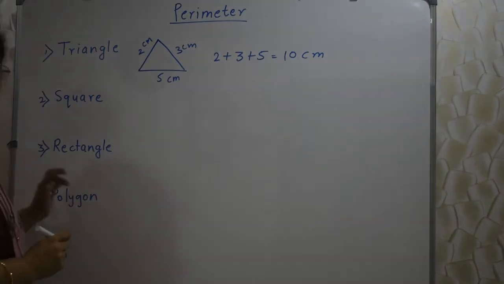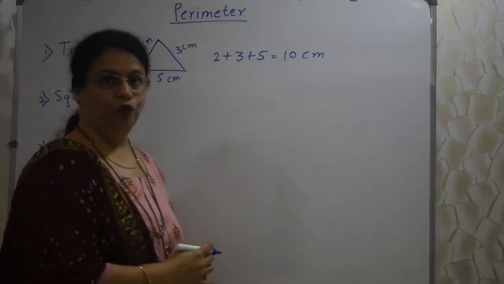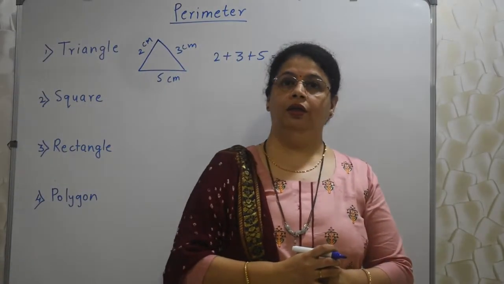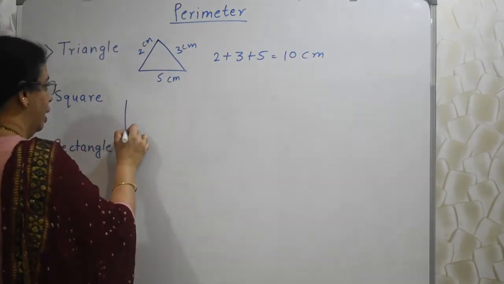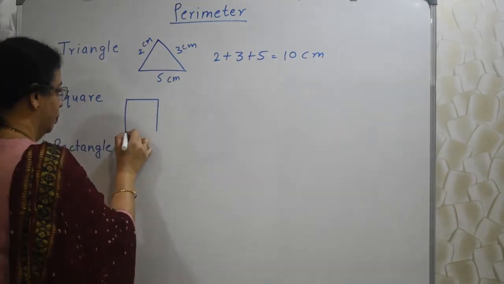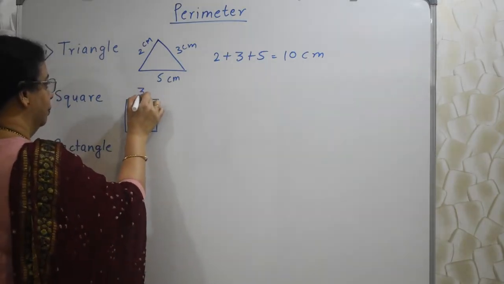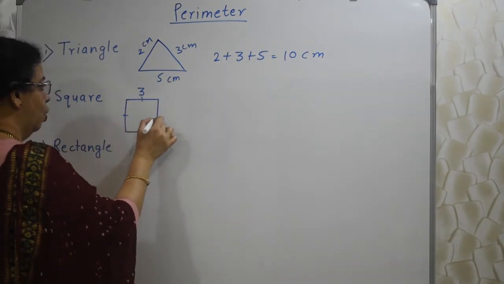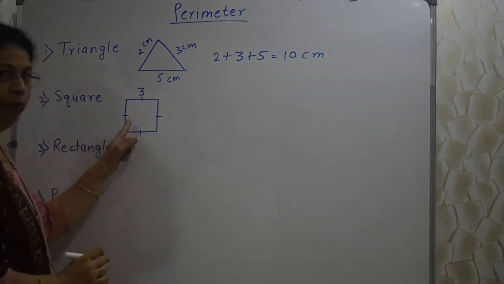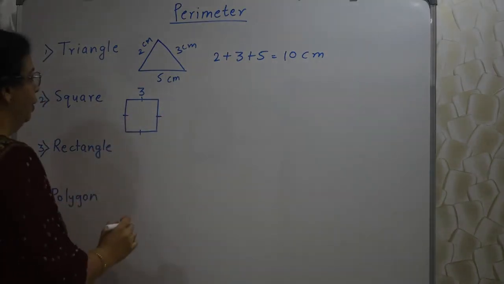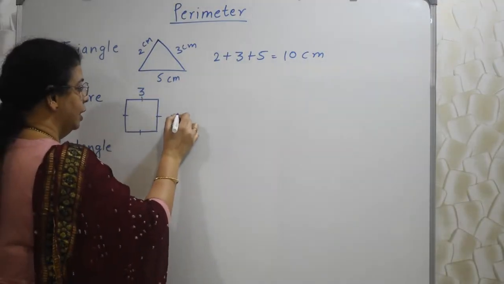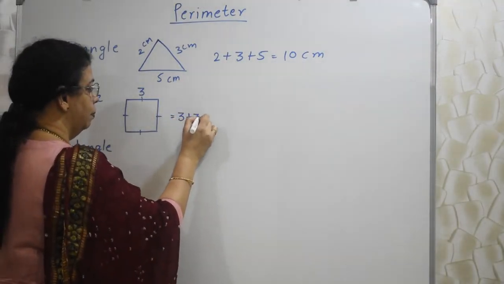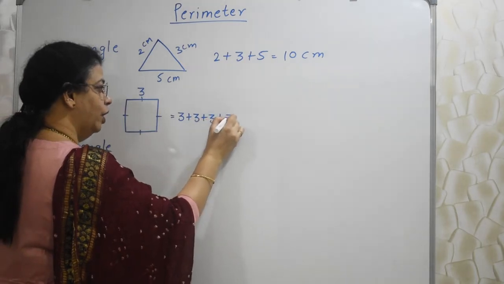Now, if I need to find out the perimeter of a square. Now this is a square. I am drawing a square with side 3. Square has all the sides equal, which I am indicating by drawing these small lines. So, perimeter will be the sum of all the sides, that is 3 plus 3 plus 3 plus 3.